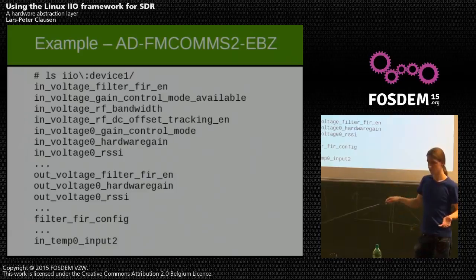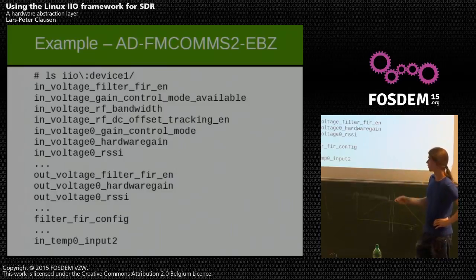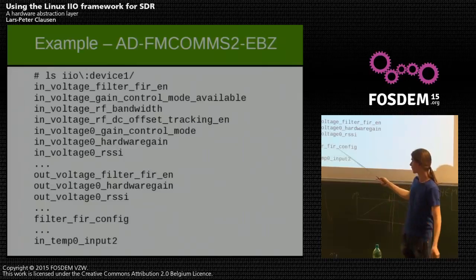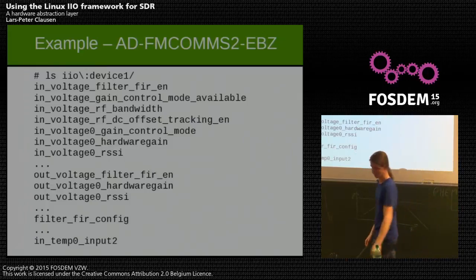And if it's channel specific, you will have the index like 0, 1, 2, and so on. So these can be changed per channel, and these can only be changed per direction. So you're using the same RF bandwidth for all channels, but you can change the gain individually on each channel. Output is similar. So these are not all the attributes, it's just an overview because there are way too many. And there are also some device-specific attributes, like the FIR filter can be loaded, and we also have a temperature sensor.